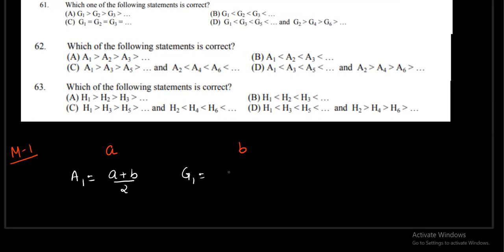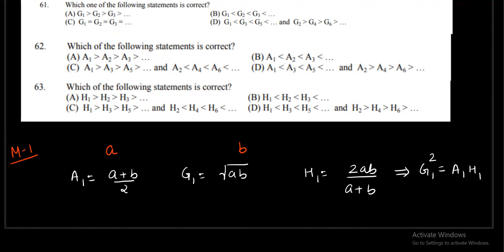G1 is going to be root over AB. And H1 is going to be 2AB upon (A plus B). The thing to be noticed, and the formula that we know, is that for any two positive real numbers, the geometric mean squared is equal to the product of the harmonic mean and arithmetic mean. So this is what we have written over here.